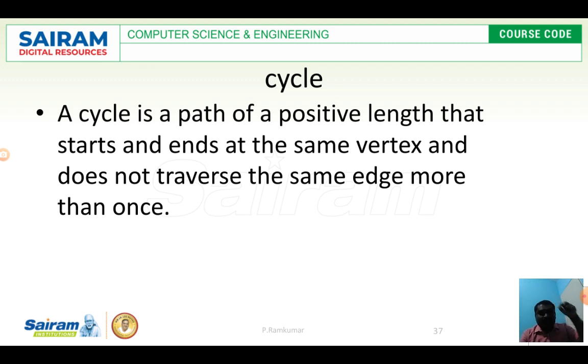Then 1 will be connected with 2, 2 will be connected with 3, 3 will be connected with 4, again 4 will be connected with 1. So it will look like a cycle. Starting at 1 and ending at 1, so both start point and end point are equal.